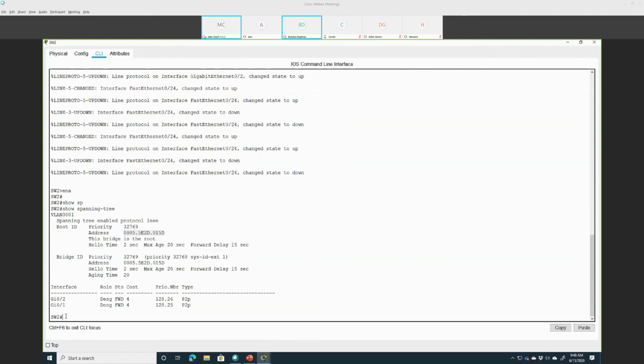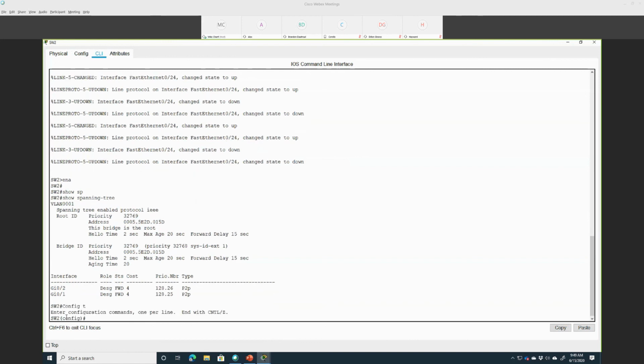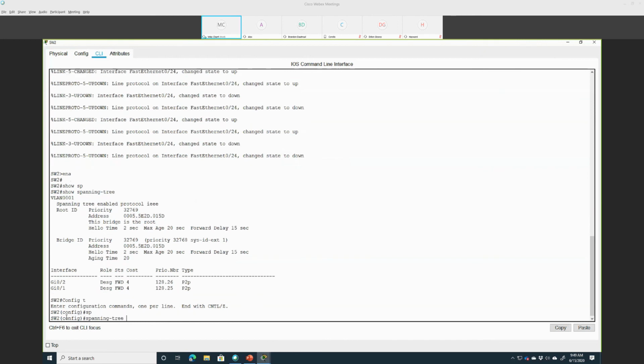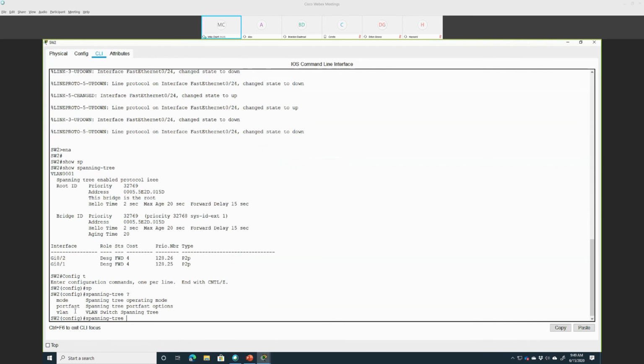Now, one thing I need to know is the spanning tree mode. This is spanning tree enabled protocol IEEE. So this is like a default. So I can change that to something else. So if I go, for example, config t, and put spanning-tree, put question mark, I have 3 modes over here.